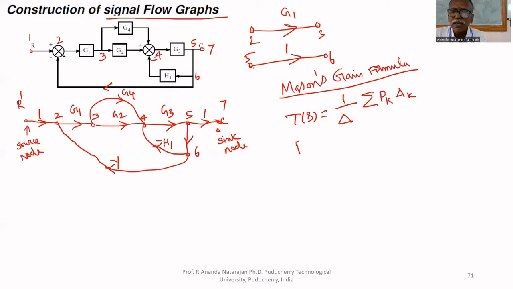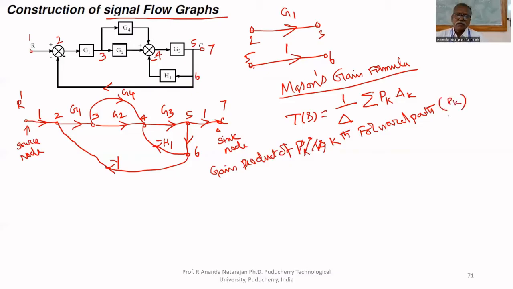Where Pk is the gain product of the kth forward path. Here, how many forward paths are there?